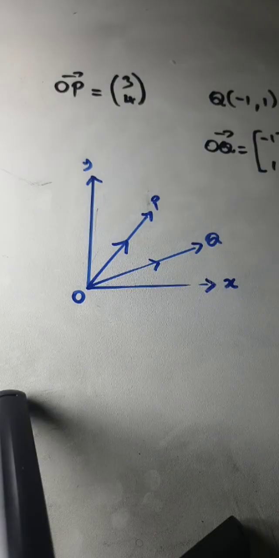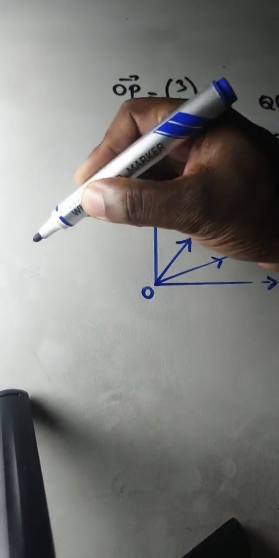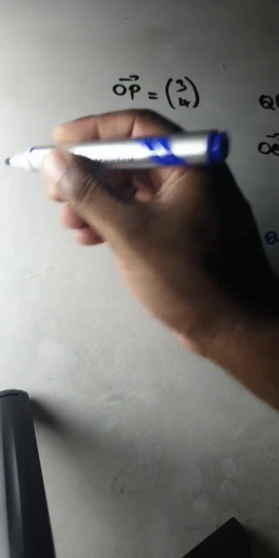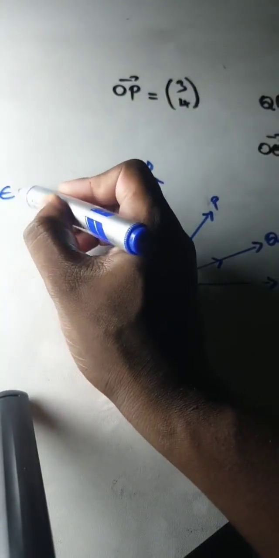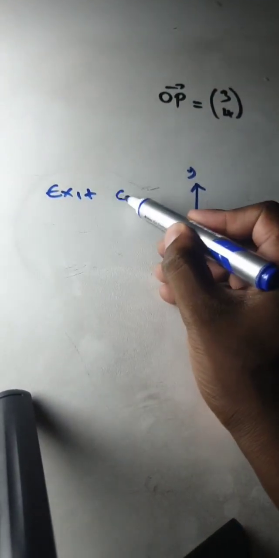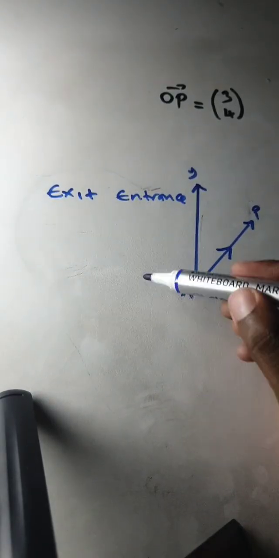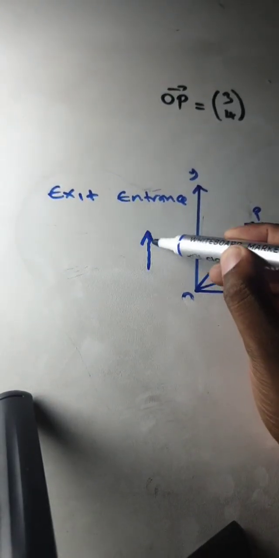Let's say when you're going to a shop, there is an exit and an entrance. The entrance is where you enter from.